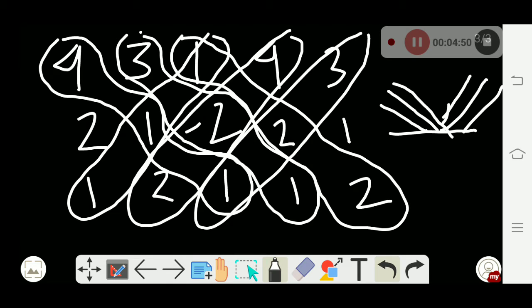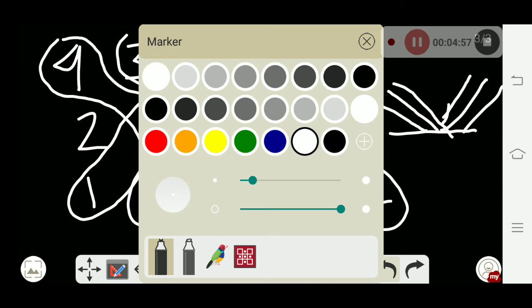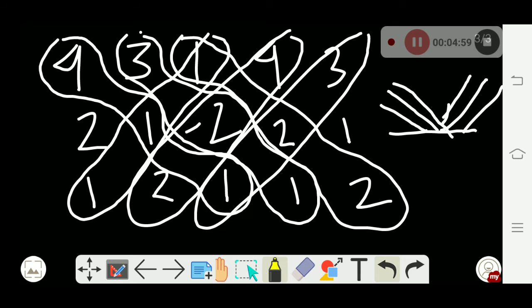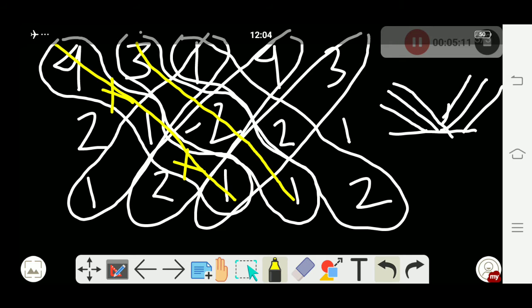So what you need to do is multiply these things. Let me change the color. You have to multiply all the entries in this diagonal. Same, you have to multiply this line. Again, you have to multiply this line.